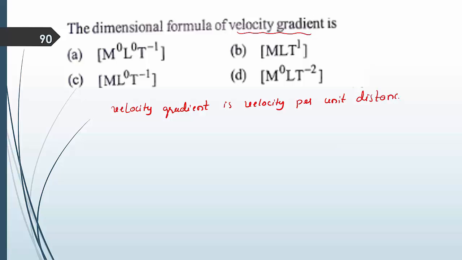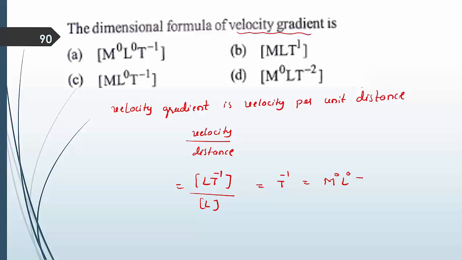Velocity per unit distance means we can write velocity divided by distance. Velocity is having dimension L t raised to minus 1. Distance is L. So we can write t raised to minus 1. So m raised to 0, L raised to 0, t raised to minus 1. So this is the dimension formula for velocity gradient. So option A is correct.